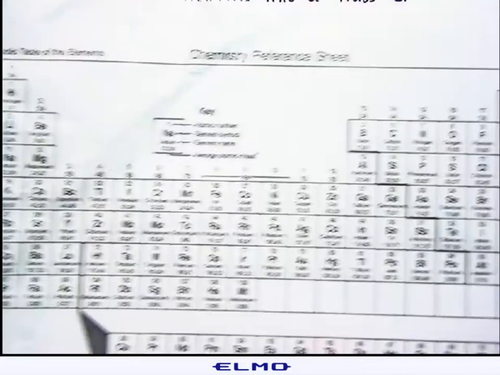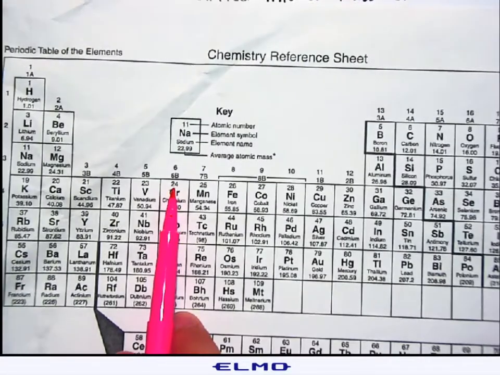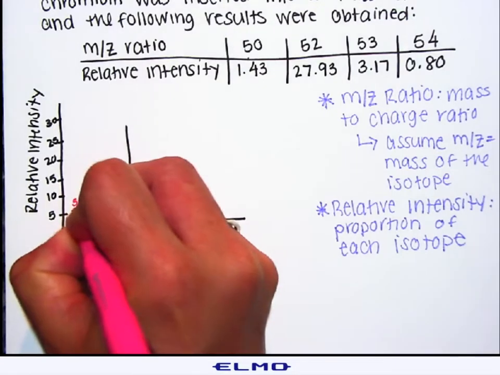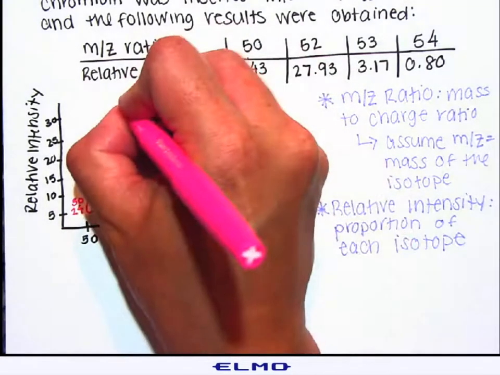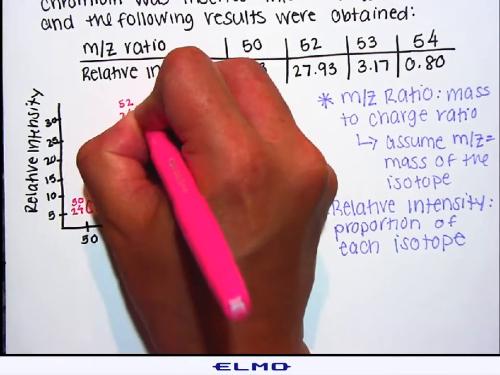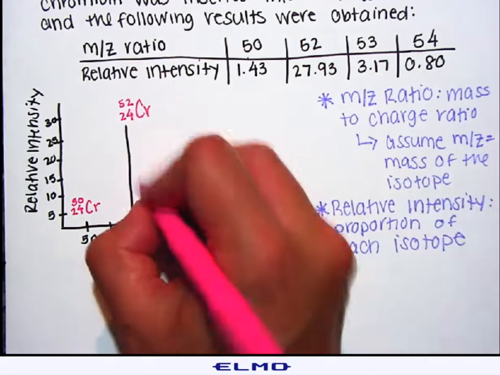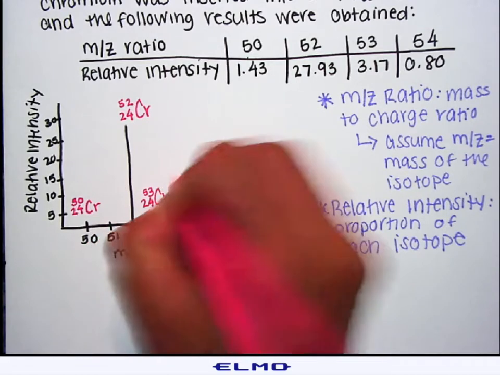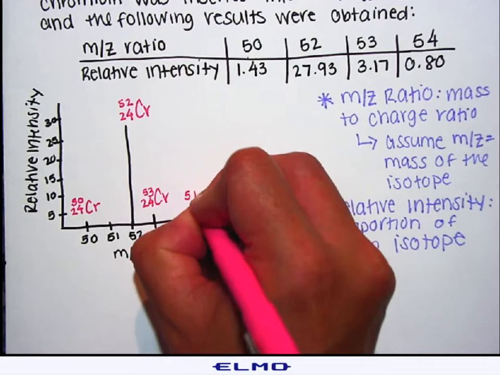So we can head to our periodic table. Chromium has an atomic number of 24. This next peak has a mass of 52. 53. And 54.